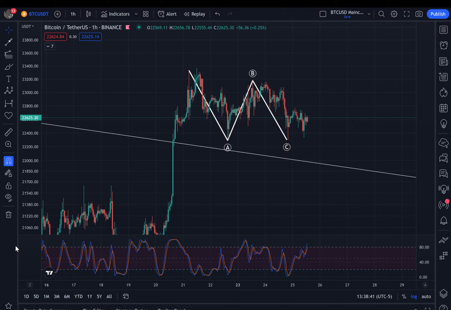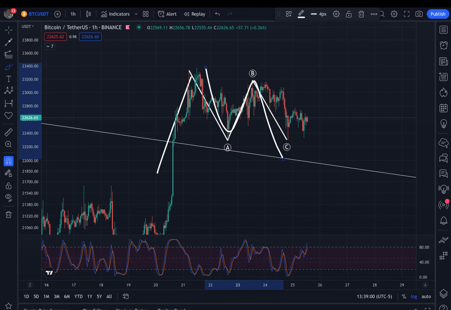And this flat correction that we're doing on this crucial resistance level, this 434-day resistance level that we recently broke and now are retesting as support.